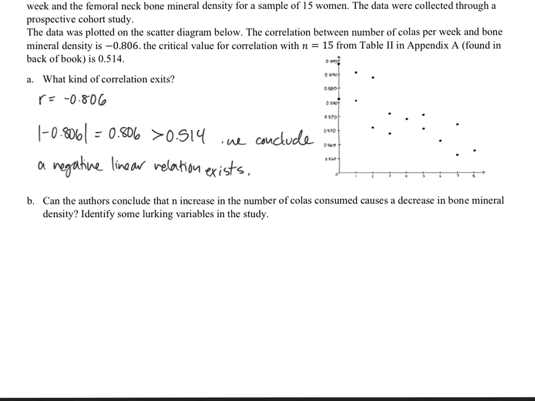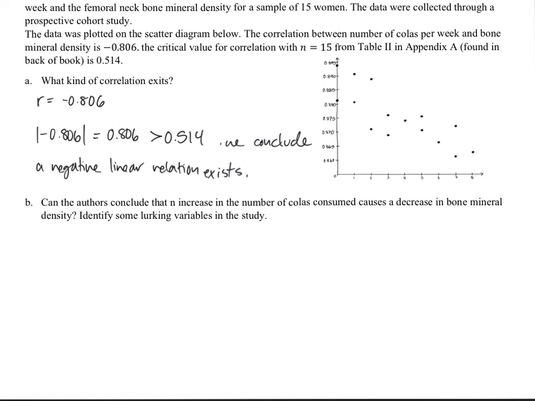So part B. Can the authors conclude that an increase in the number of colas consumed causes a decrease in bone mineral density? Identify some lurking variables in the study.